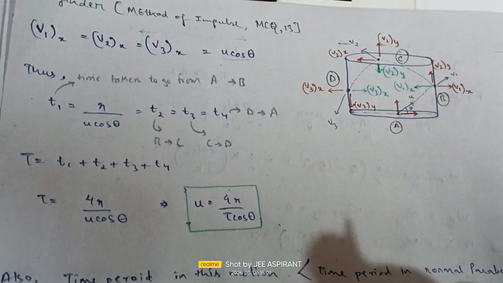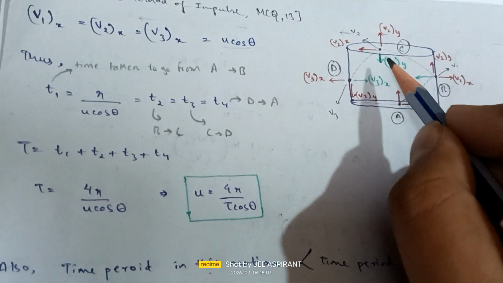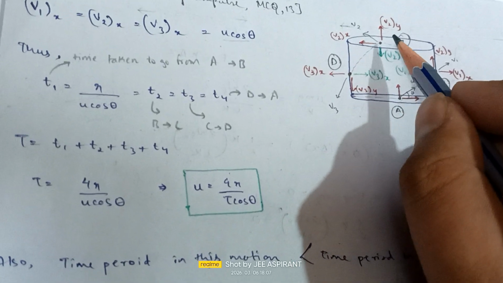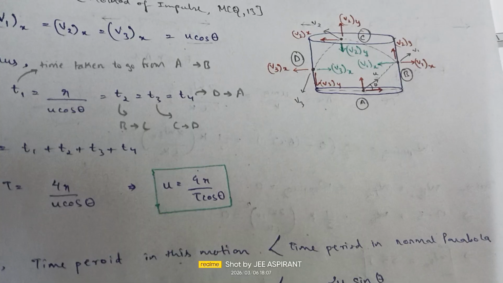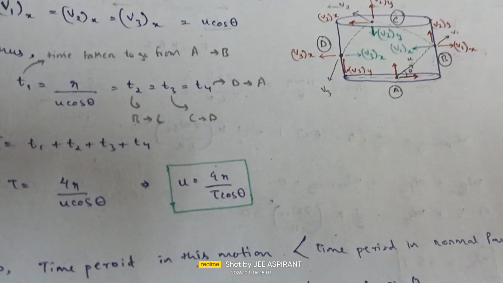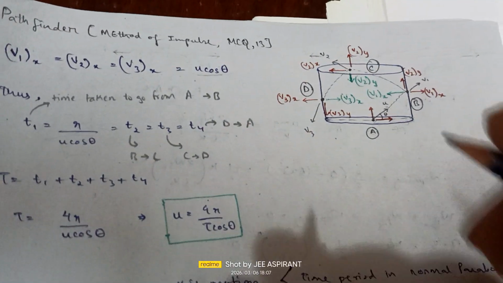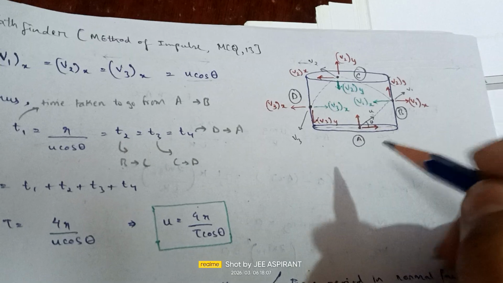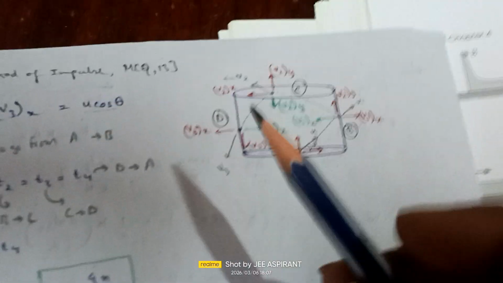But we have to keep in mind that in the second collision, the y component is changing. The y component is the only thing which will determine the time period of the parabolic path.